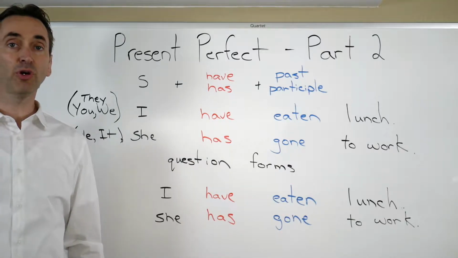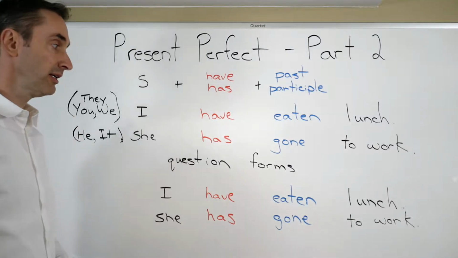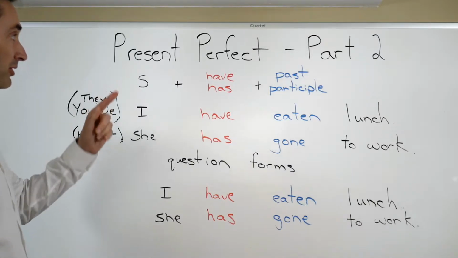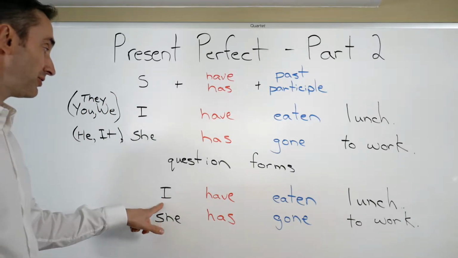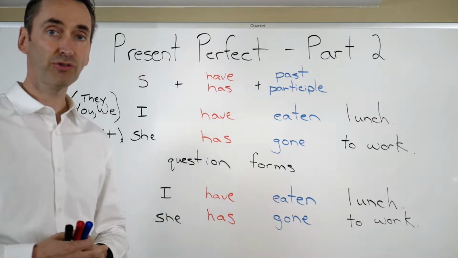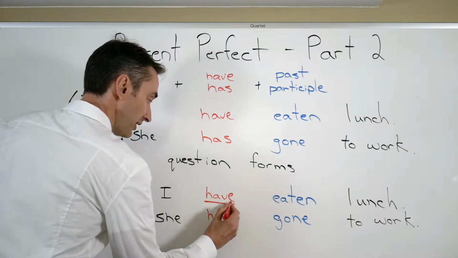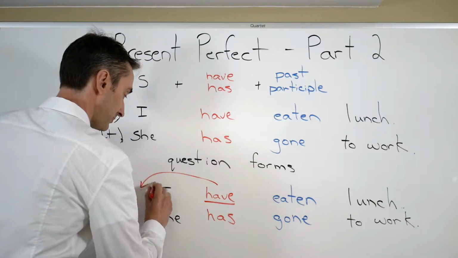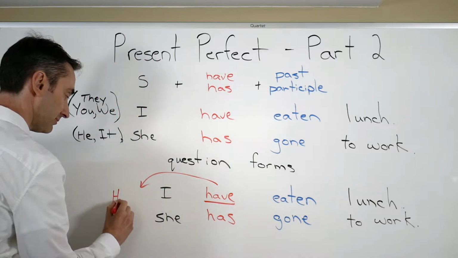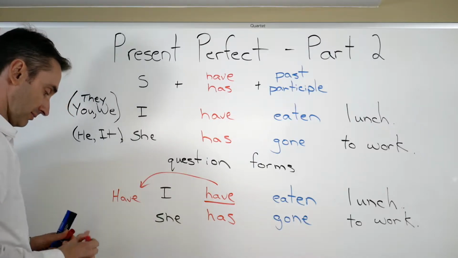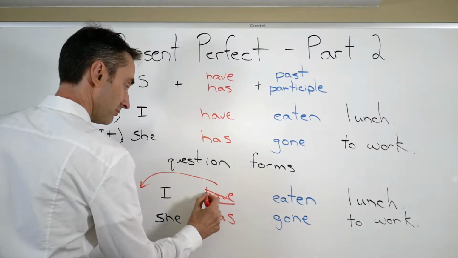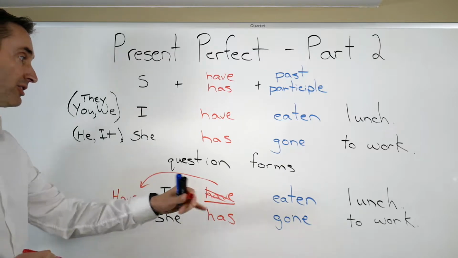And moving on to the question form. To make a question from a present perfect sentence, the sentence is I have eaten lunch. If you want to change that to a question, we just bring have to the beginning of the sentence. Have I eaten lunch?